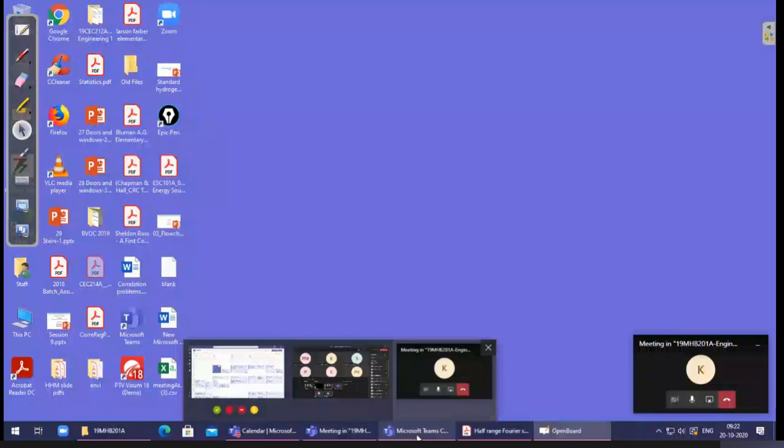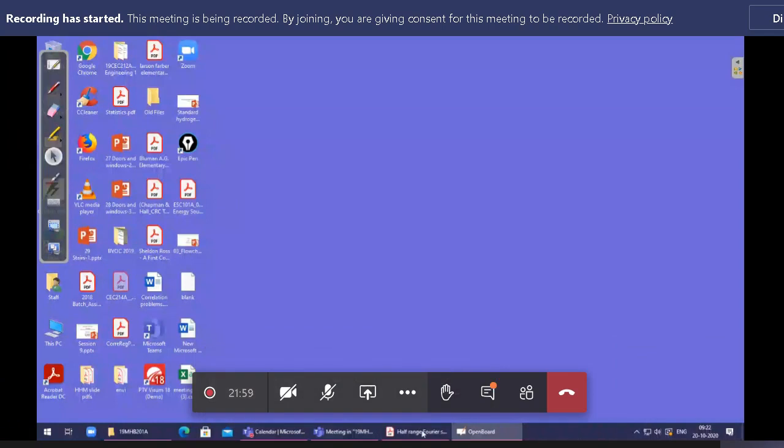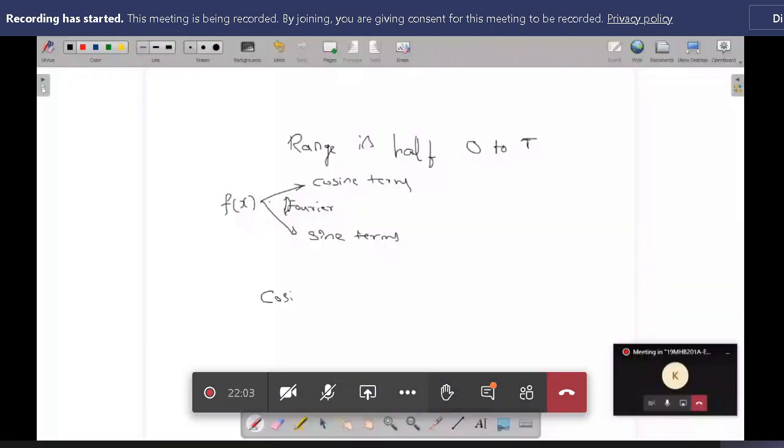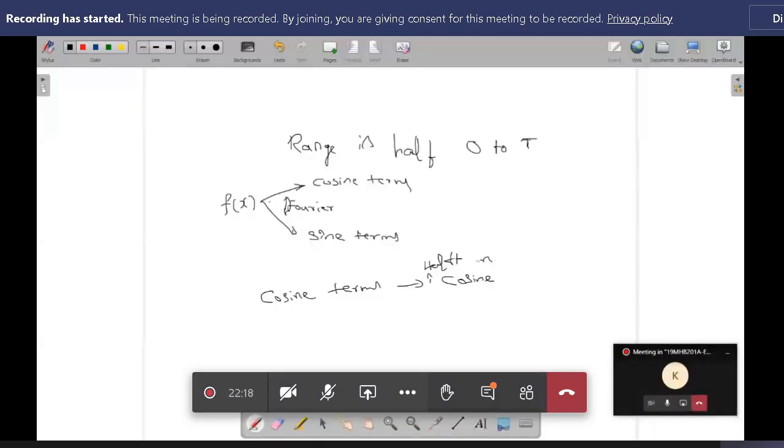So now, if the function we wish to extend contains only cosine terms, then this is called the half range cosine series.